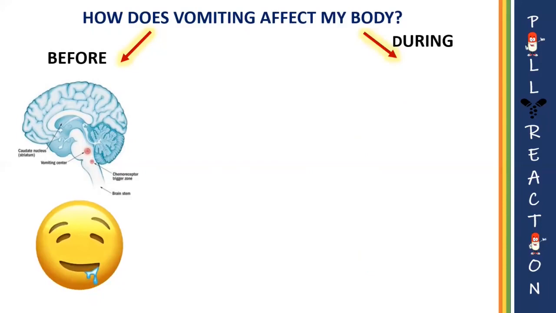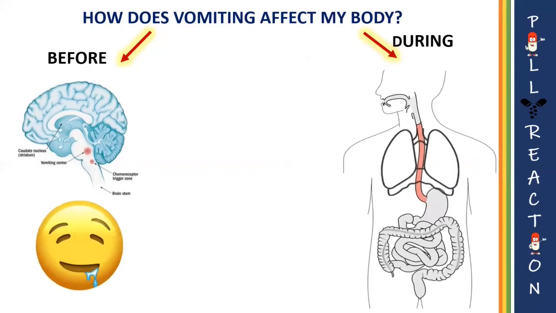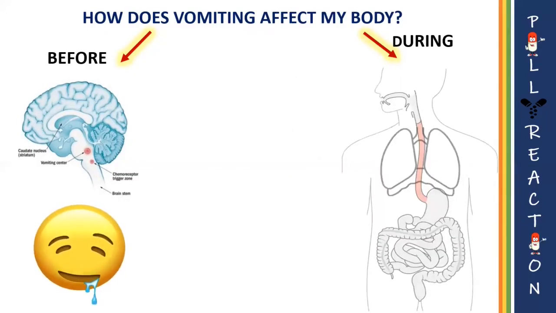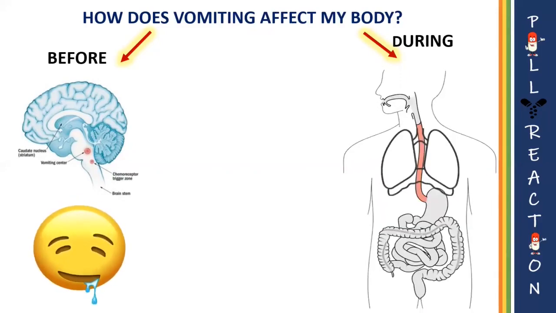Now, let us focus on what the vomiting reflex is and what actually happens during the process. Yes, the vomiting reflex causes the relaxation of the lower esophageal sphincter, and there is continuous contraction of the diaphragm and the abdominal muscles. Which makes sense, right?